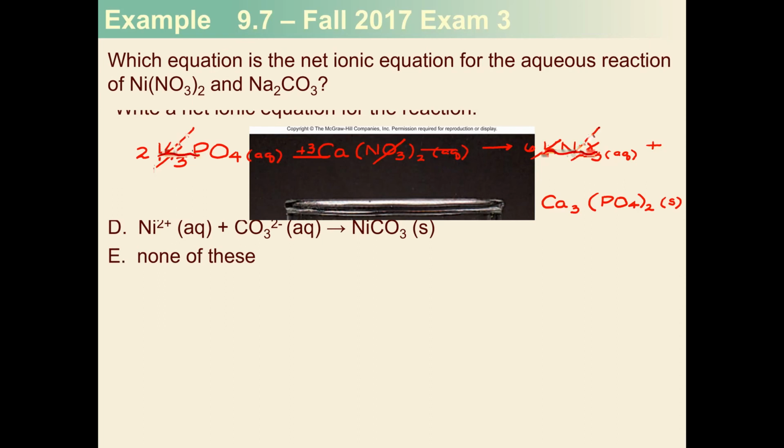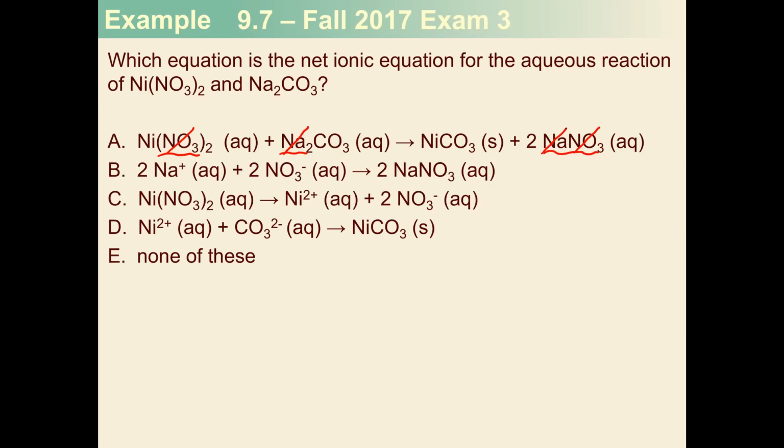So let's look at our other species. We will have sodium carbonate. We know that that is going to be soluble because of the sodium. So we have our sodium on the reactant and the sodium in the product, and that will cancel as a spectator as well. So now you will see that I am left with nickel carbonate going to form nickel carbonate solid.